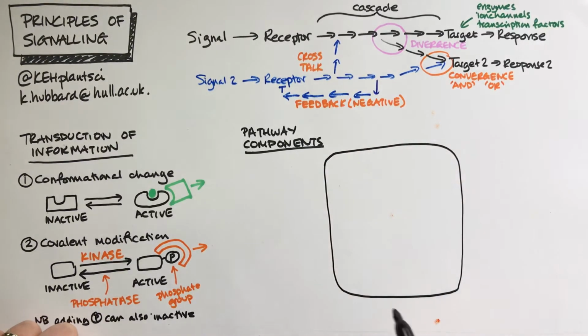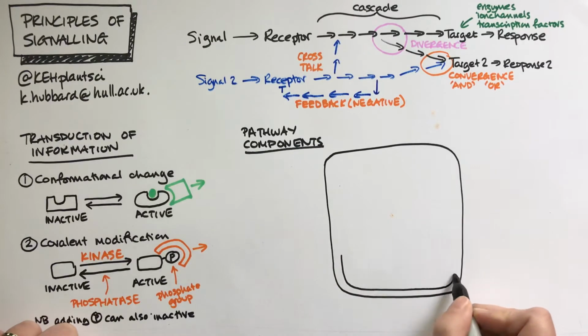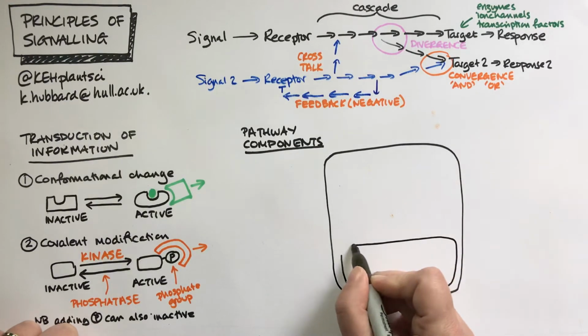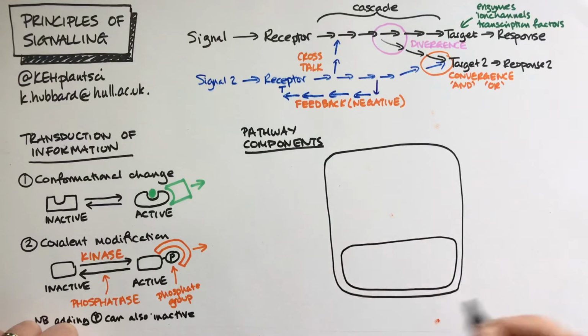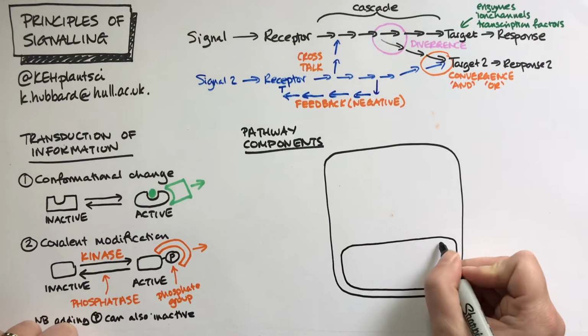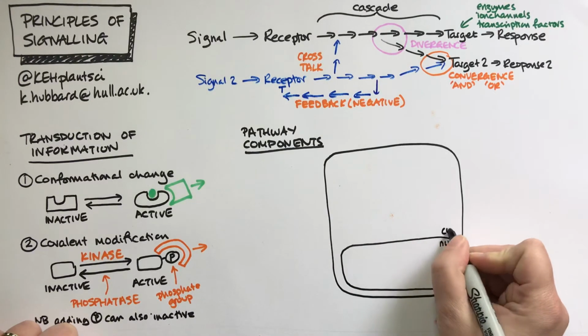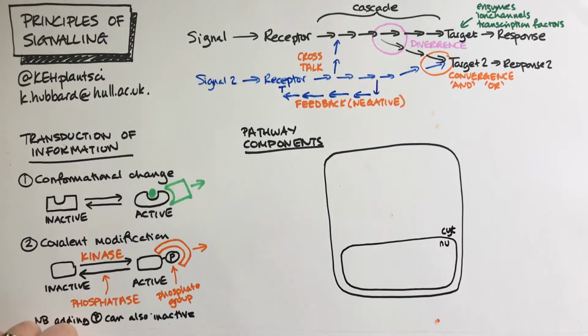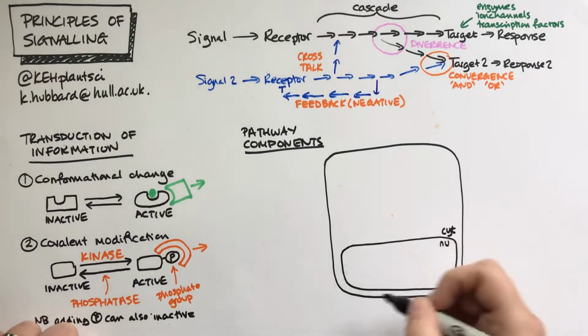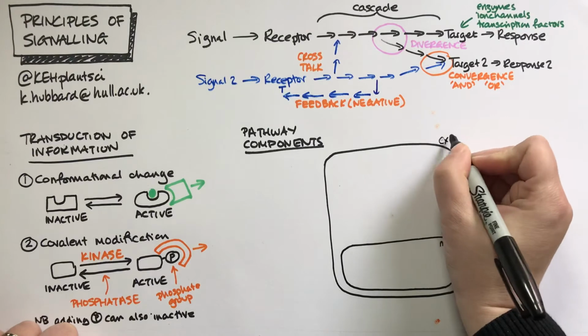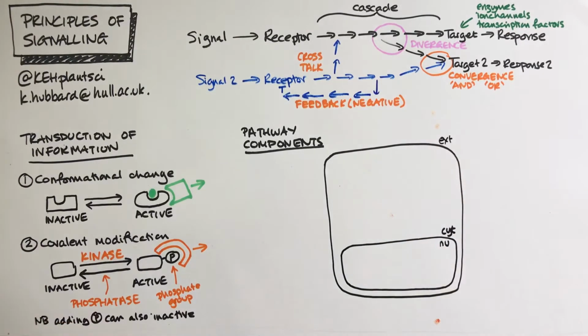For the sake of this illustration, I'm going to make this one an example of a protein where its target would be something in the nucleus. So it might be a transcription factor, for example. So we've got the outside of the cell, the cytosol, and the nucleus.